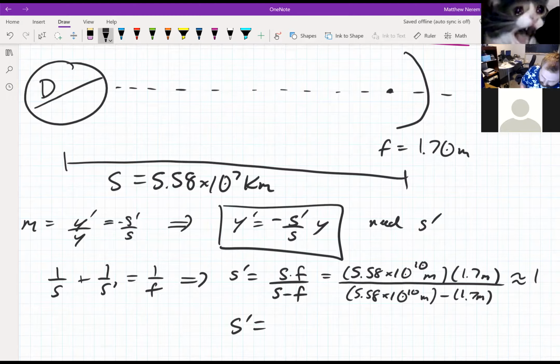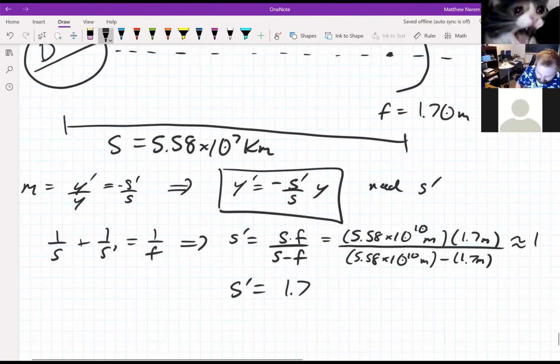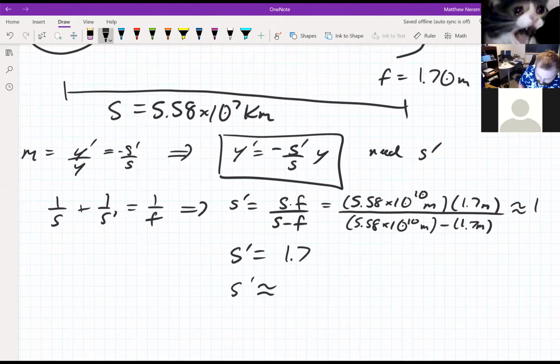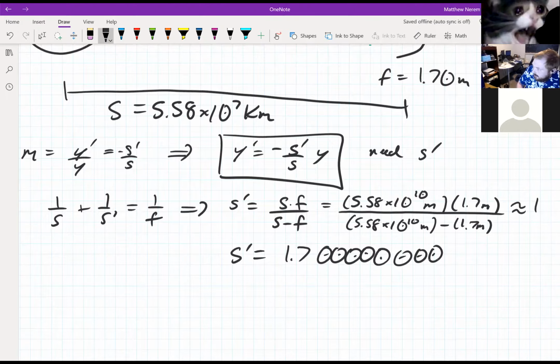Yeah, s prime is 1.7 with tons of zeros in the decimal places. So s prime is all good. In this case, we'll just say s prime is equal to 1.7 meters, since for very far away objects, their images just form at the focal length.